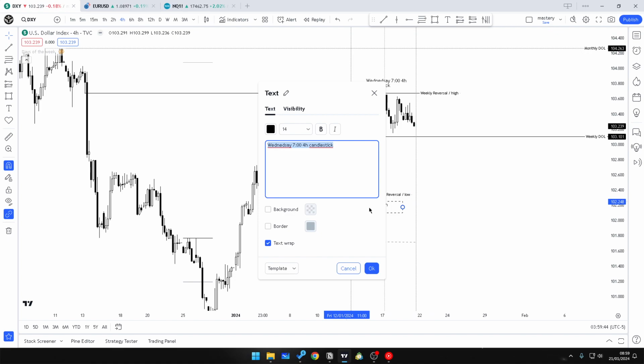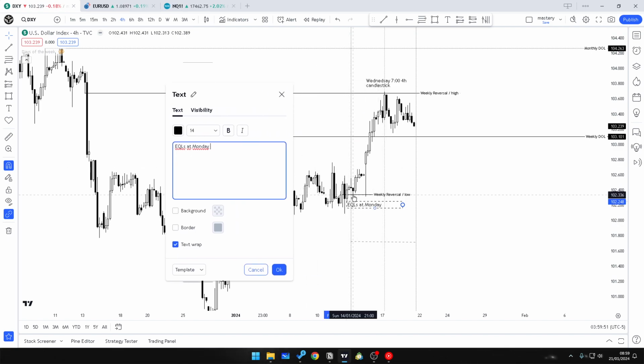And the low was made, equal lows at Monday 21 4-hour and Tuesday 19 4-hour.